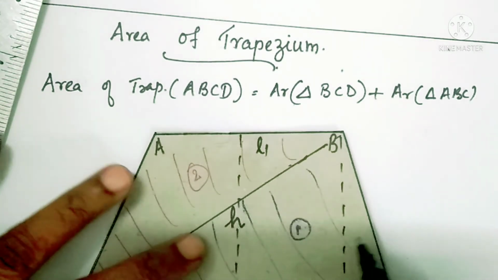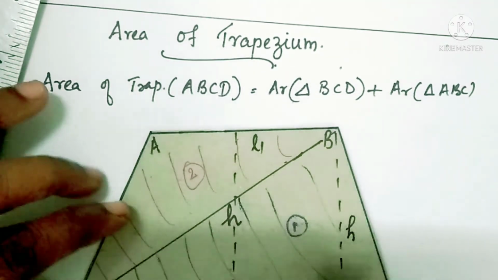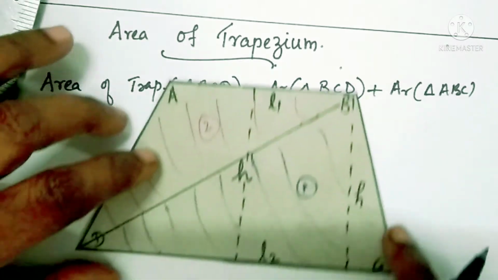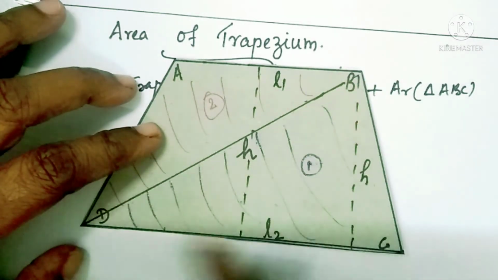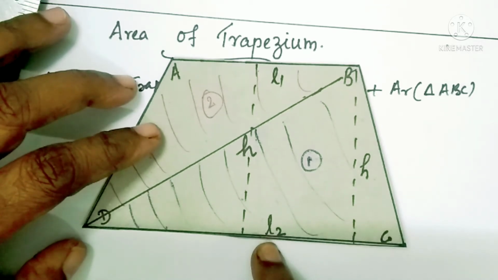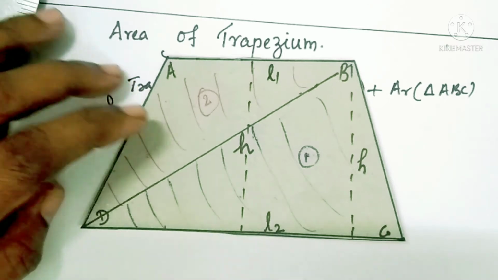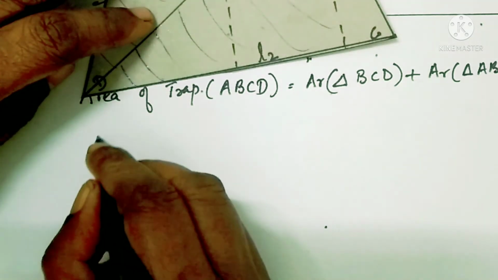Now if this is h, this also will be h. So this h is the height of this triangle. See here, this triangle's height is h, and what is the base here? L2. So you have already learned that area of a triangle is equal to half into base into height.